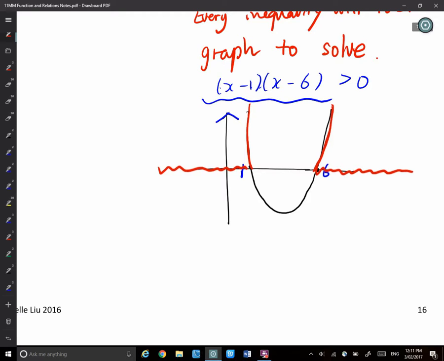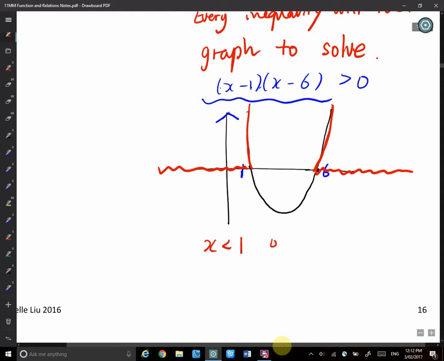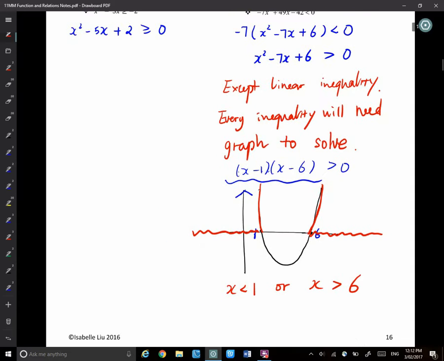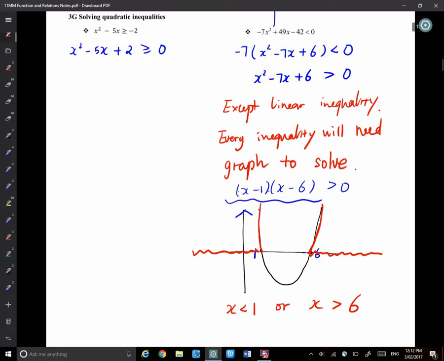Your answer will be this part of the values and that part of the values, which is x smaller than 1 and x bigger than 6.